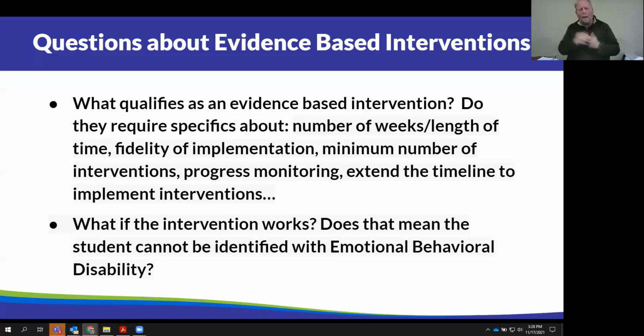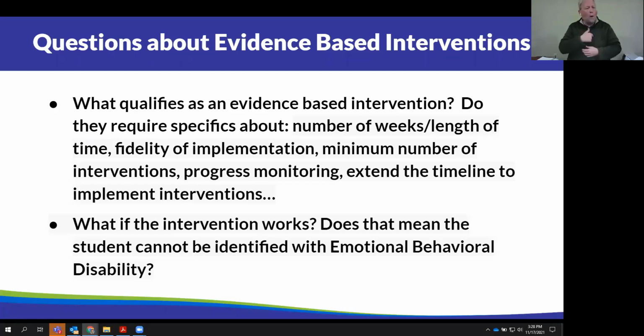Another question that we got, what if the intervention works? Does that mean that student can't be identified with emotional behavioral disability? Well, the short answer is no. The team does have to implement evidence-based interventions and monitor their progress.